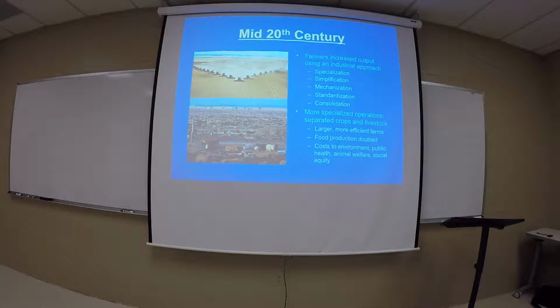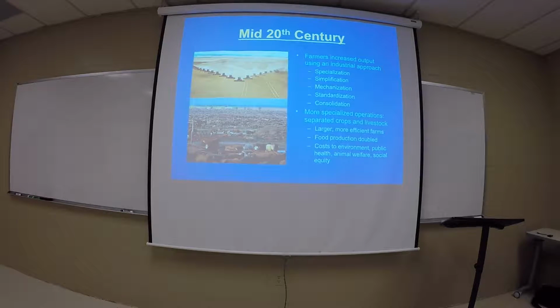And then after World War II, mid-20th century, really, we started to see the advent of large-scale farming operations. So large operations were using more of a factory approach to farming to try to increase output.